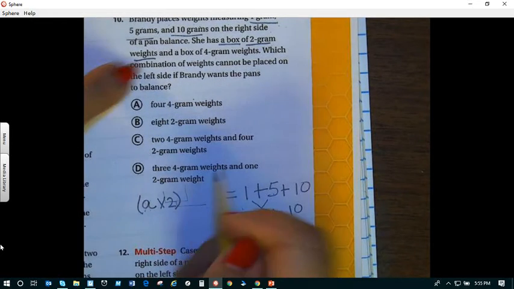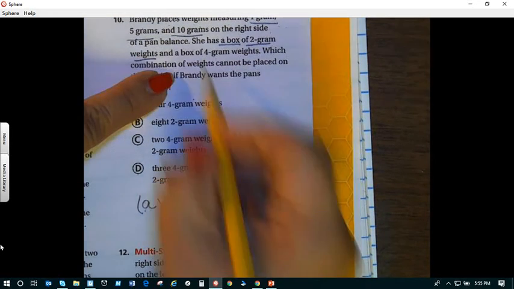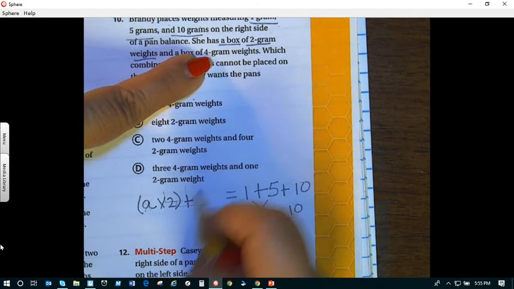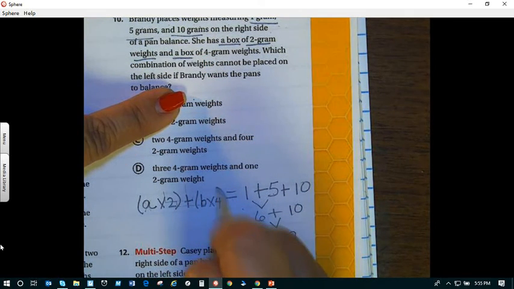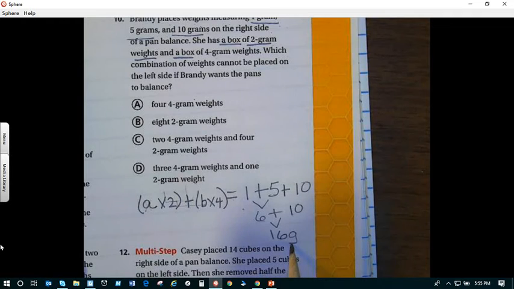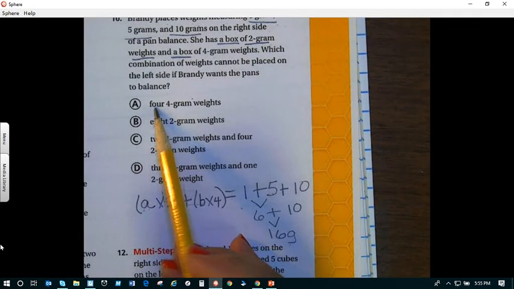Now I need to add whatever I'm doing to a box. How many are in this one of 4 grams? So I'm going to put B times 4. Close that up, because it needs to be 16. Well, let's look at my answer choices. She needs 4 grams of weight.